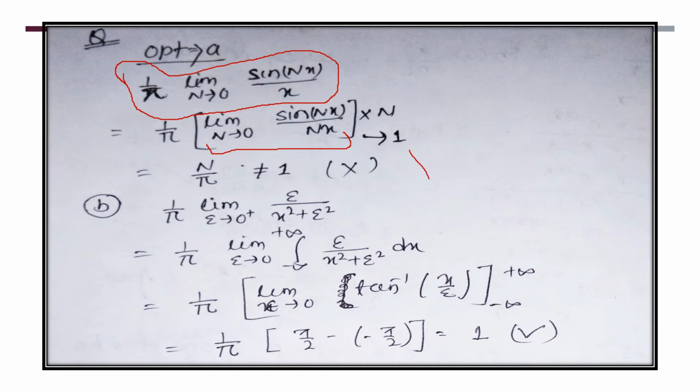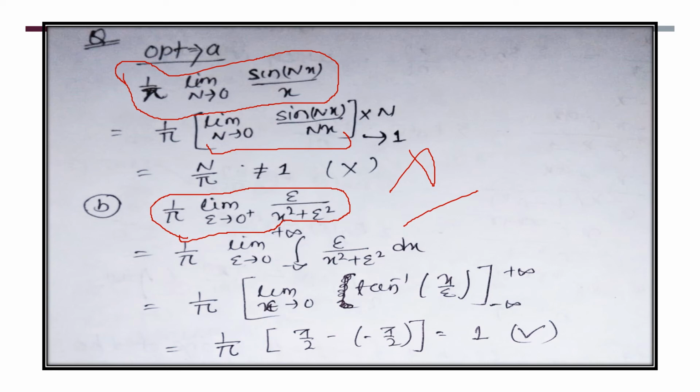Then option B shows 1 by pi limit n tends to 0 of a by x square plus a square. It can be solved by using integration, whose integral will be tan inverse x by a, here a is epsilon.